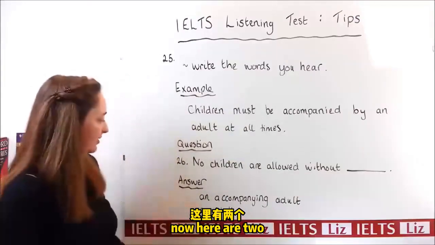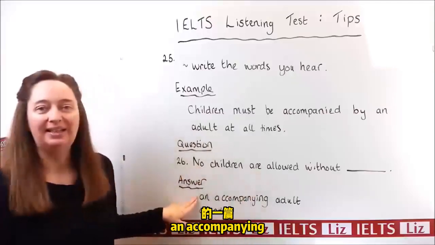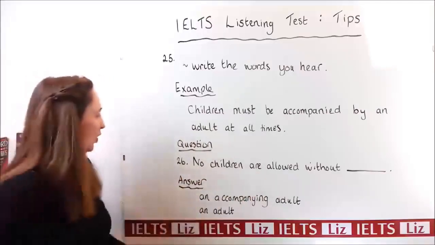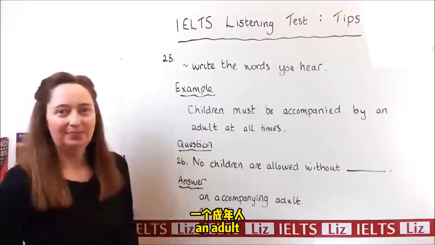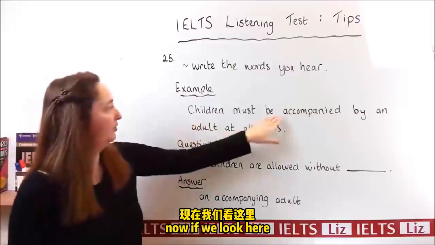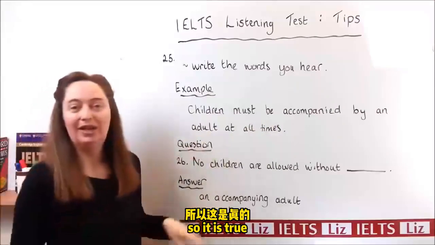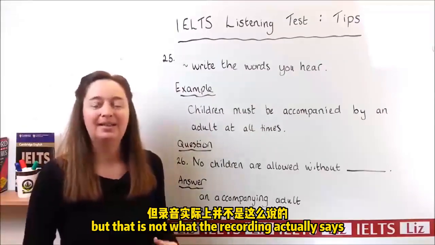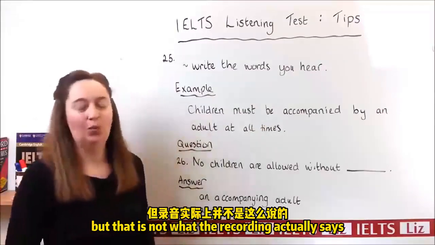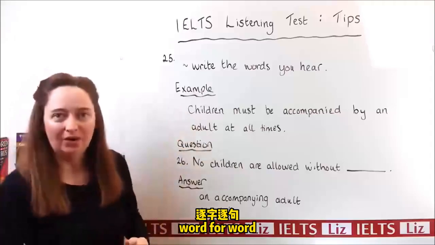Now here are 2 answers. No children are allowed without an accompanying adult, or no children are allowed without an adult. Now, if we look here, we have to be accompanied by an adult. So it is true that children must have an accompanying adult. But that is not what the recording actually says word for word.